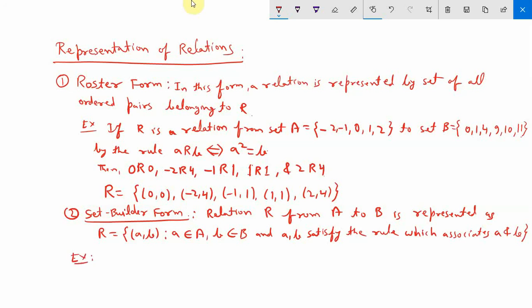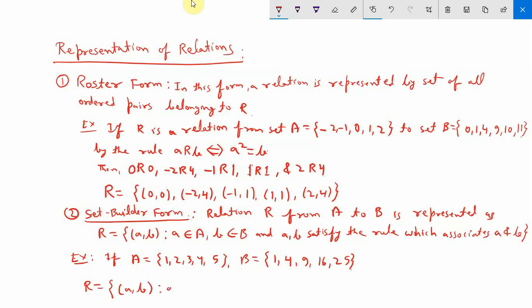If we consider an example, if A is equal to 1, 2, 3, 4, 5, and B is equal to 1, 4, 9, 16, 25, then R in set builder form we can write as R equal to {(a, b) such that a is an element of set A, b is an element of set B, and b equals a squared}.